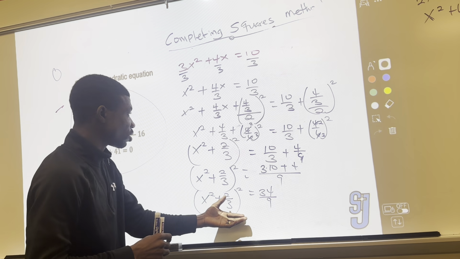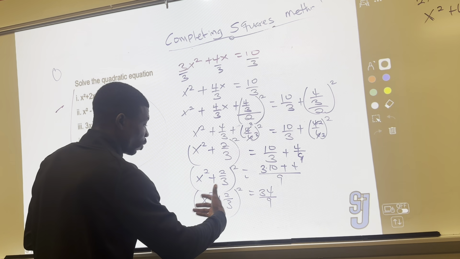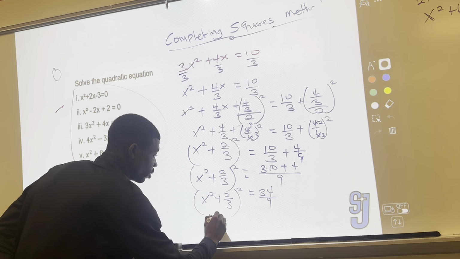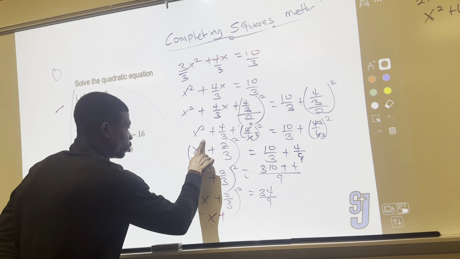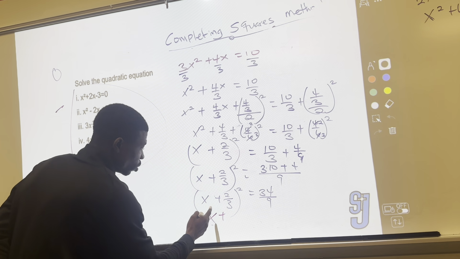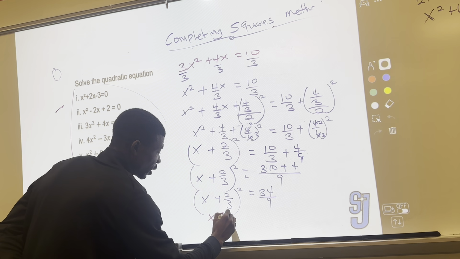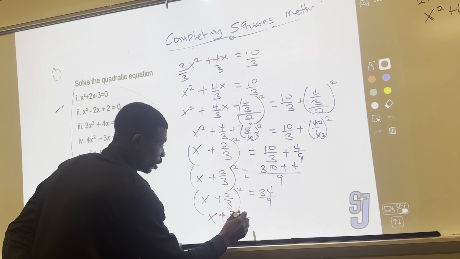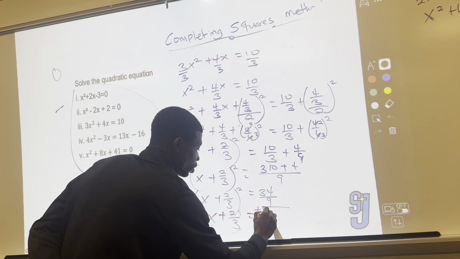At this point, you only have to take the square root of both sides. So taking the square root of both sides, I have x plus 2 over 3 equals plus or minus the square root of 34 over 9.